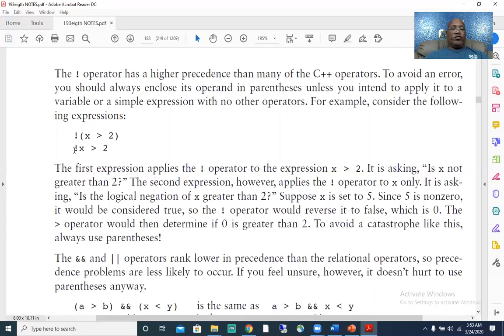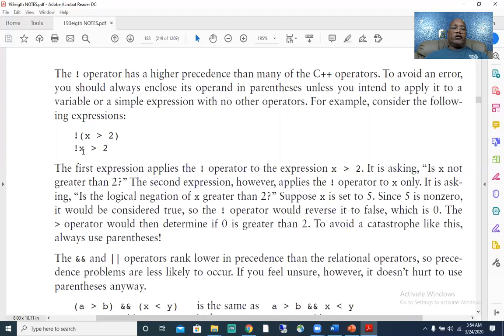Same thing here when you use the not on a particular variable. It's asking, okay, not x. So if x is 1 to infinity or -1 to negative infinity, it will result to be 1. But the not says change it to 0.